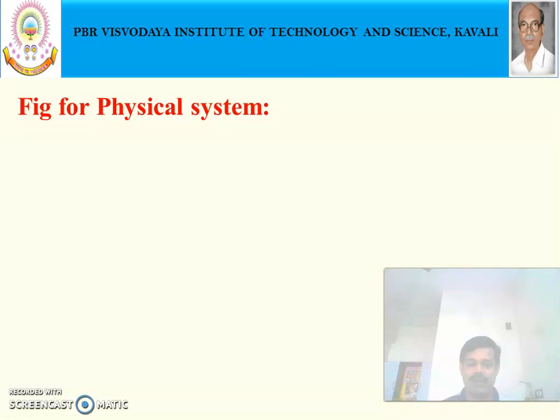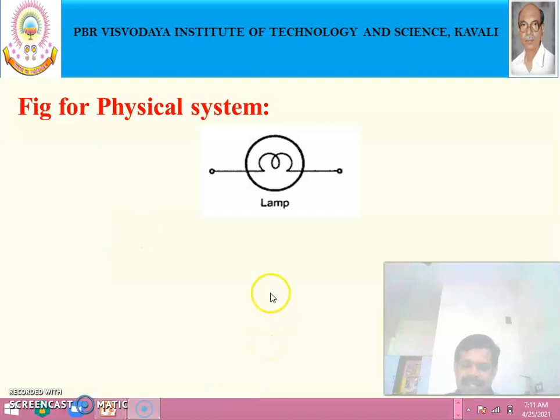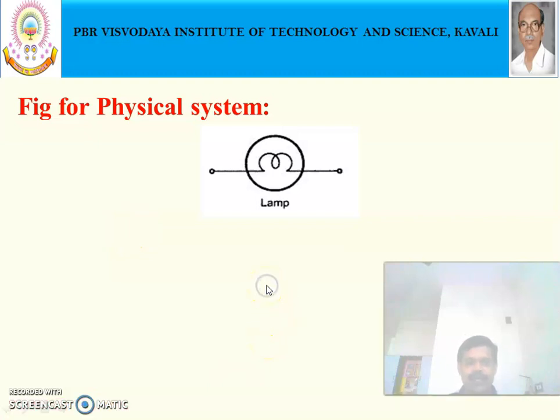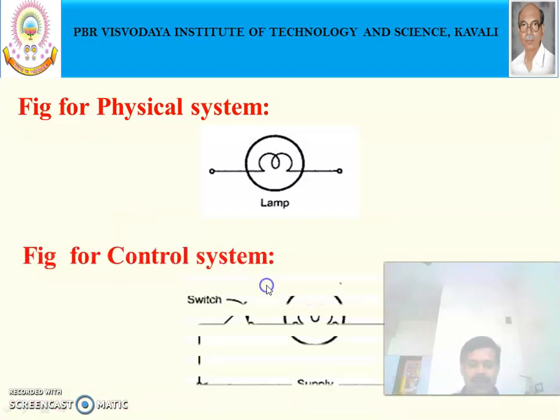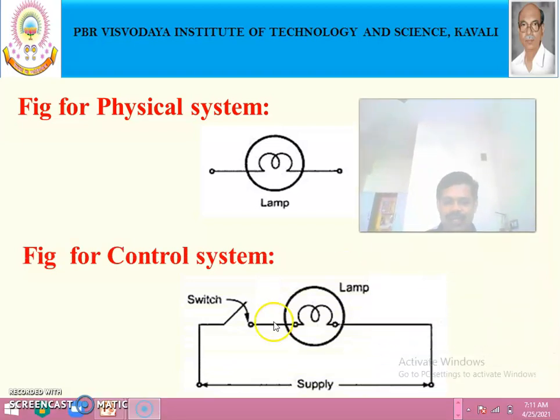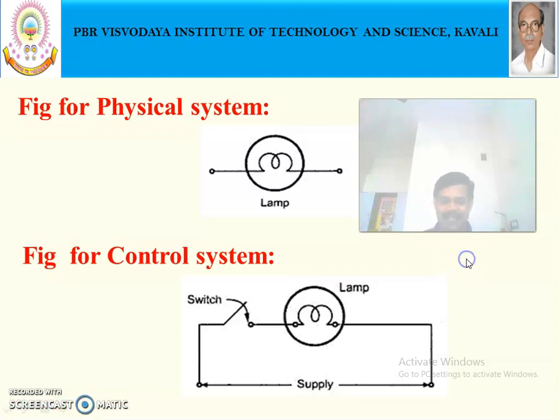How are we going to make it? We are adding one switch to this lamp, so it will become a control system. By adding a switch, you can either switch on or off the lamp.